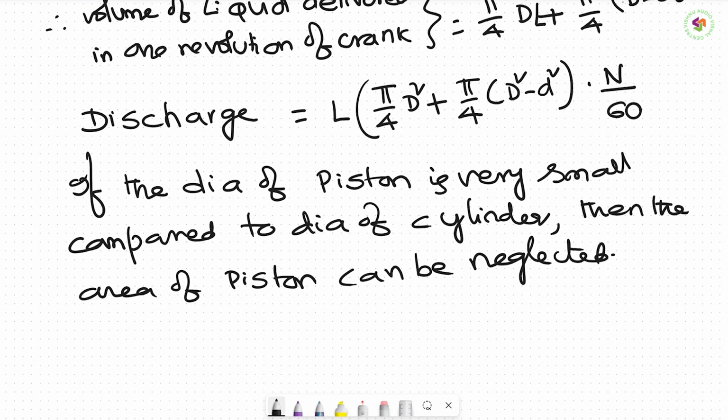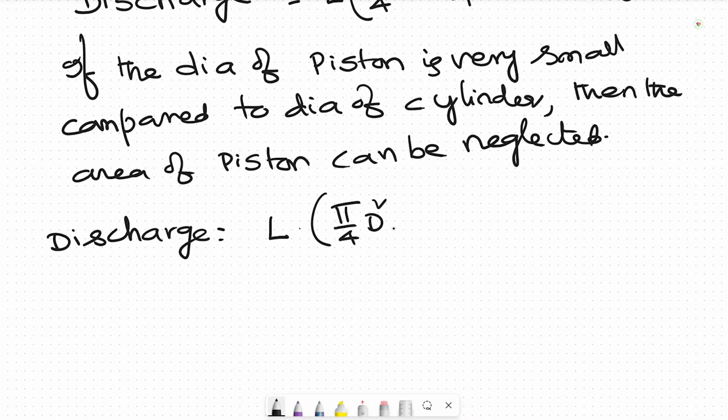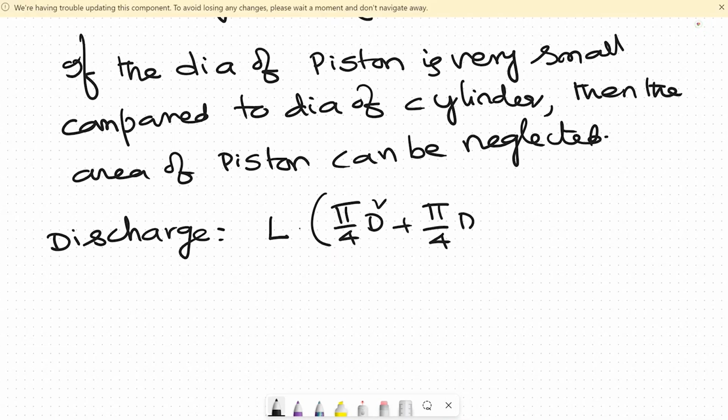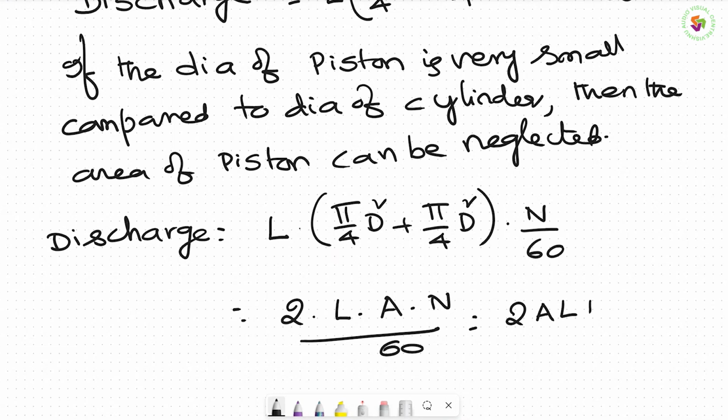In such a case, discharge is equal to L into pi by 4 D square plus pi by 4 D square into n by 60. That means 2 times L into A into n by 60, 2 ALn by 60. This is the difference between the single acting and double acting pump.